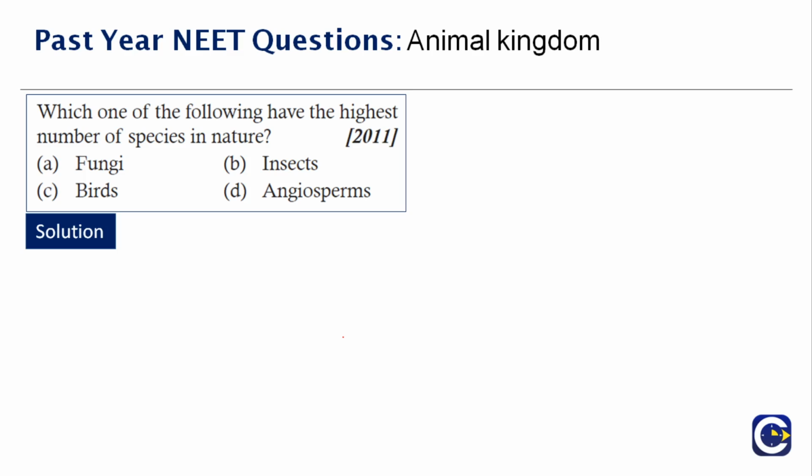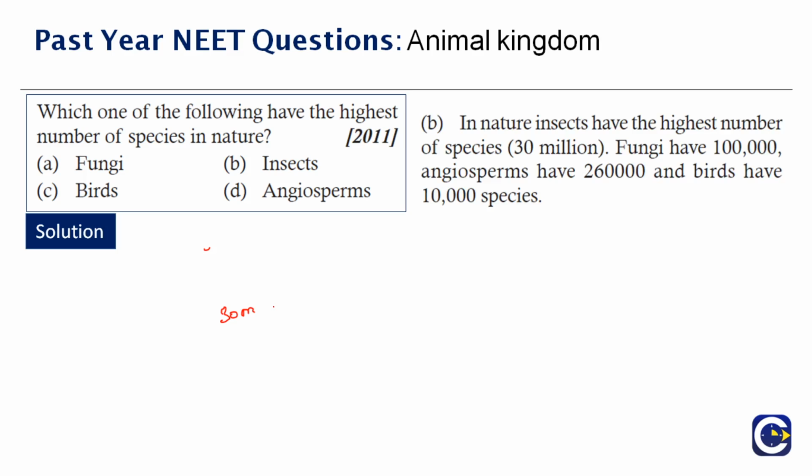In nature, insects have the highest number of species, more than 30 million it seems. Fungi have about 1 lakh, and angiosperms about 2,60,000. Birds have about 10,000, but the highest is 30 million. Insects have the highest range.